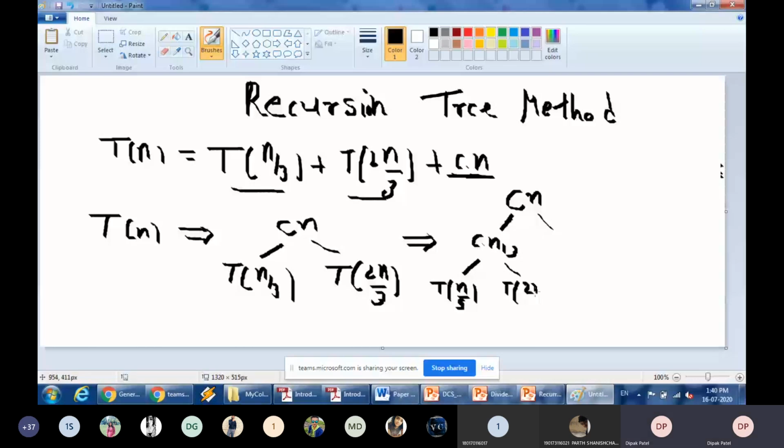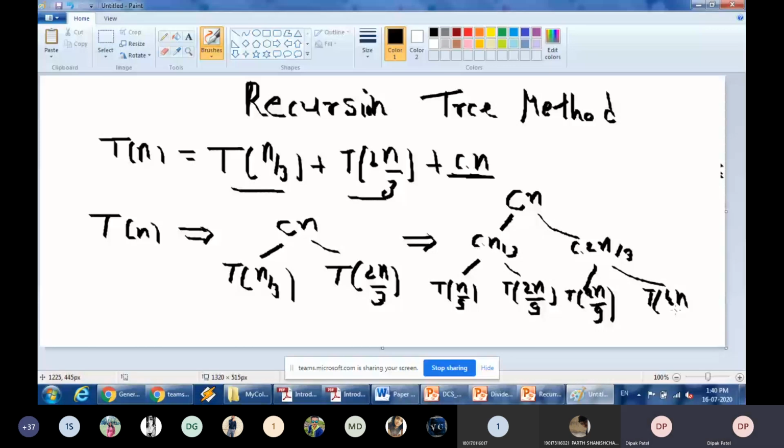If we look at the right hand side, we have to replace T(2n/3). So it is C 2n by 3 for some part, and again we have two recurrence relations: the left hand side part we multiply by 1 by 3, so it remains 2n by 9, and the right hand side we multiply by 2 by 3, so it remains 4n by 9.